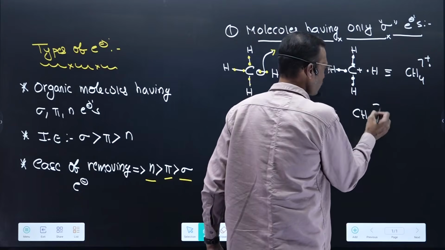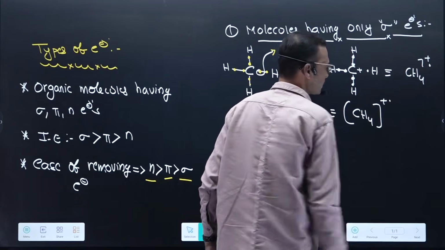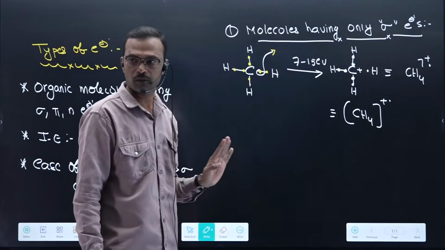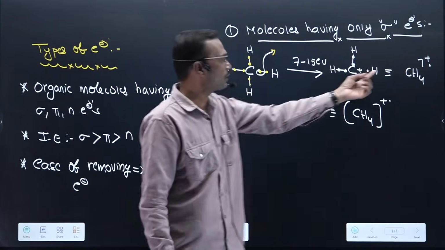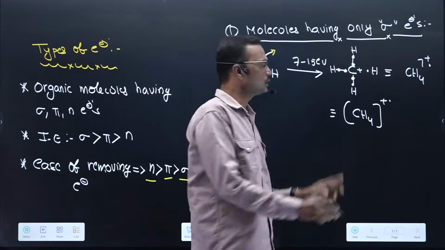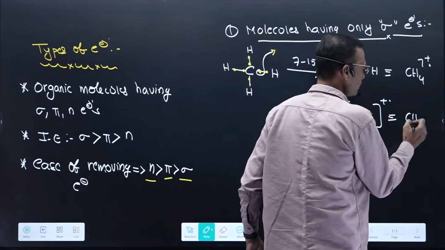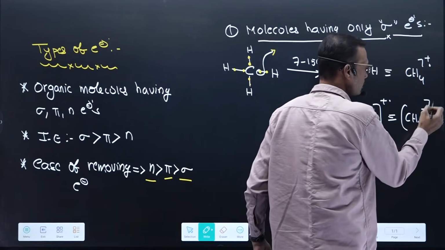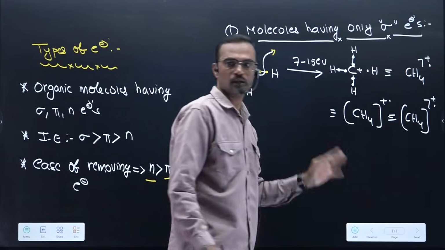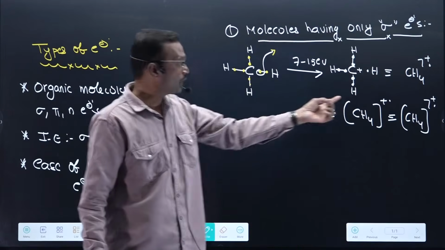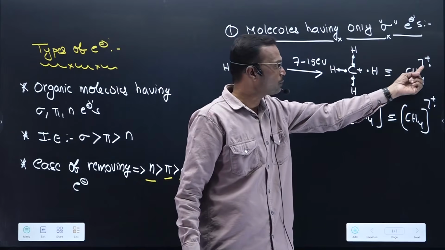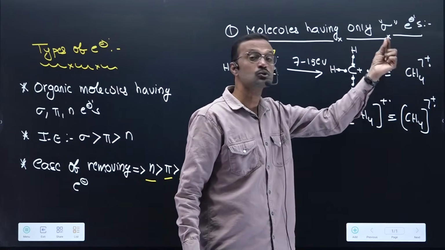See, this is CH4. Outside they will write radical cation like this. Like this also they will write. Both are the same. So they may write like this, or they may also write like this. Sometimes they may directly write CH4 and one more time like this. All are correct. If they write like this, you are in a position to identify which one is losing the electron.